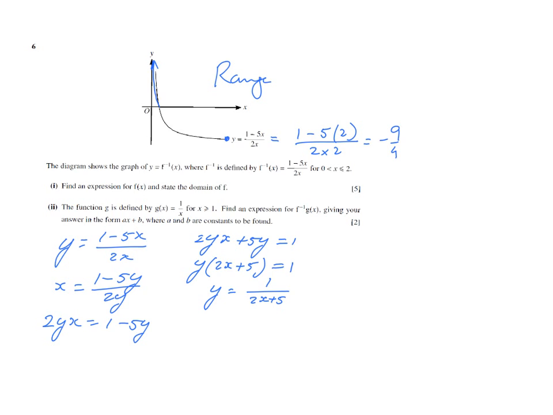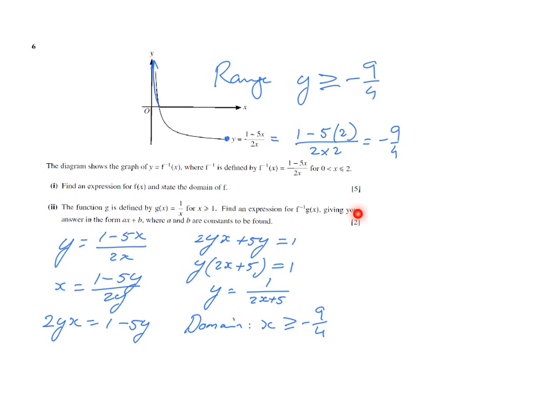The range is y is bigger or equal to negative 9 over 4, because that's the smallest y value, and it just goes up till infinity. That will be the domain of my actual function. So the domain of the original function is x is bigger or equal to minus 9 over 4.